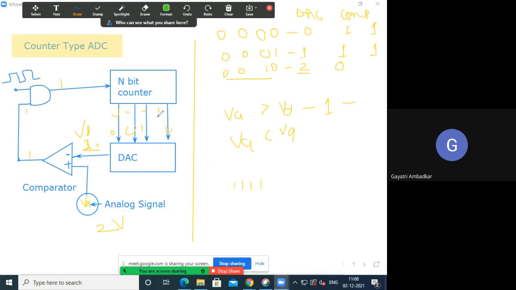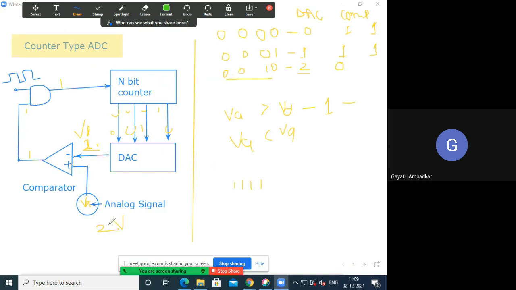The whatever word is available here, that is converted to analog form with the help of DAC. या ADC मध्ये एक DAC आहे. Okay, digital to analog converter. After converting to equivalent analog value, the comparator is comparing this analog voltage with the applied analog voltage. And applied analog voltage is connected to the non-inverting terminal.